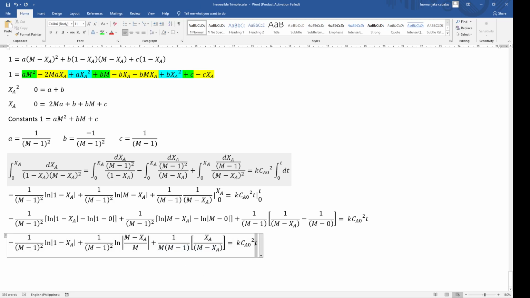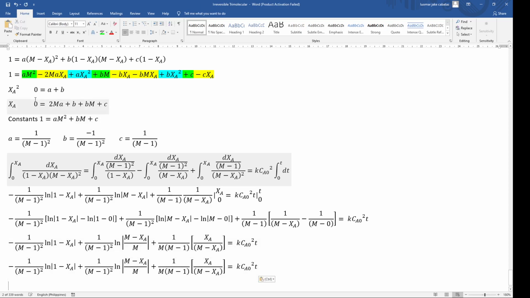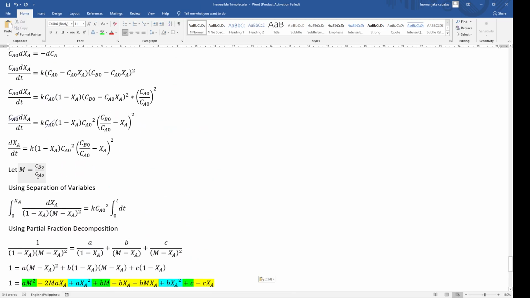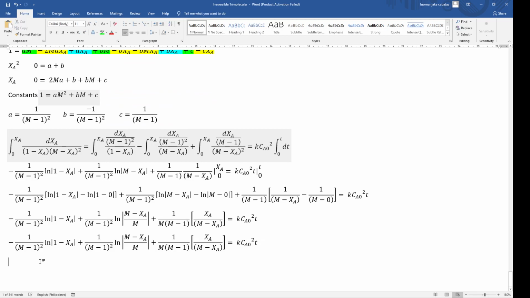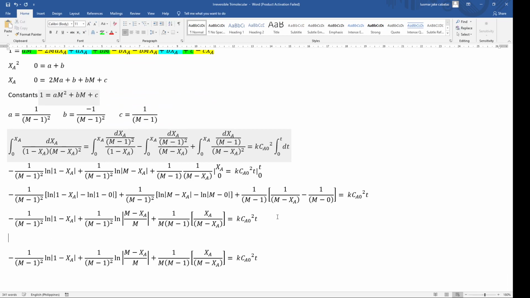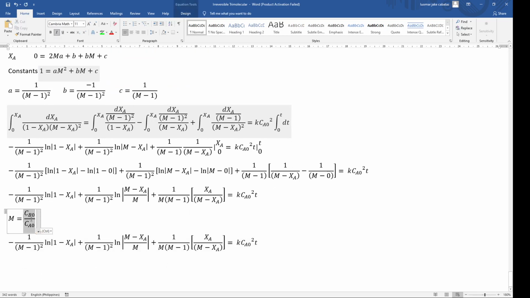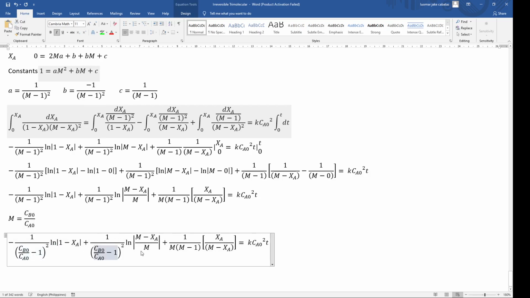Then for the other side, it's just k C_AO squared t. And then we will substitute back m is equal to C_BO over C_AO. So every m, palitan natin ng ganyan.